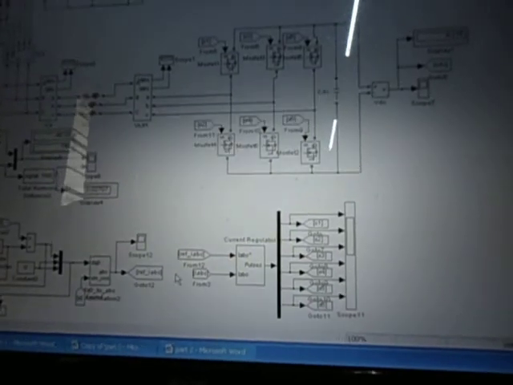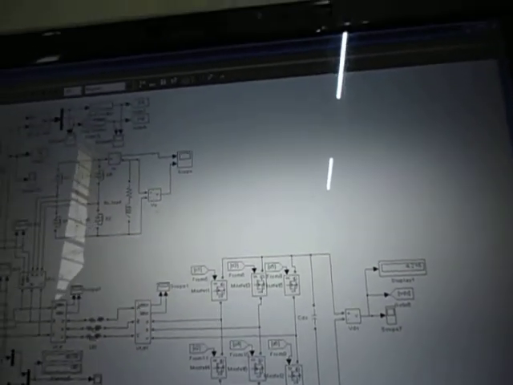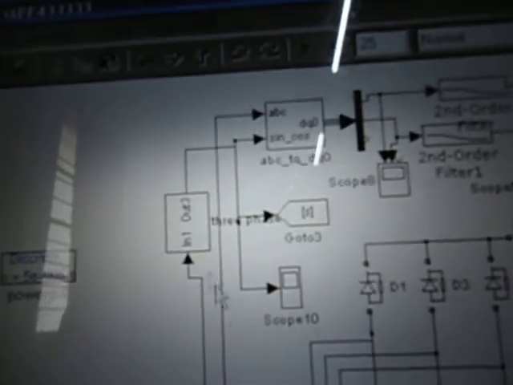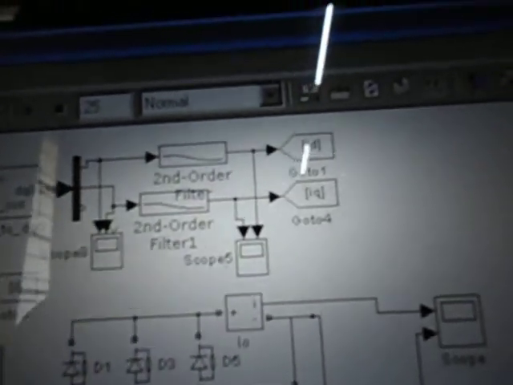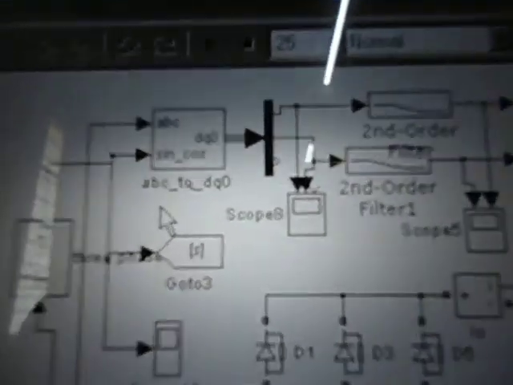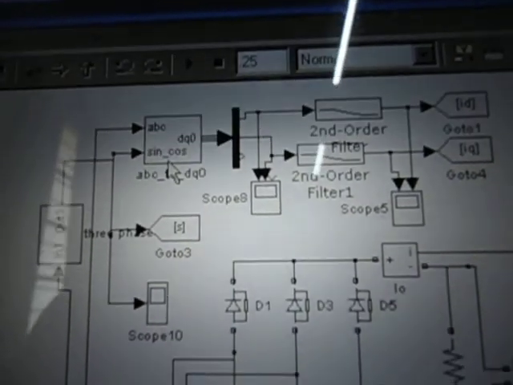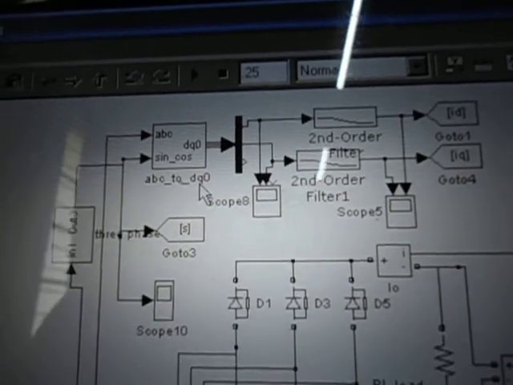For calculating the reference source current, firstly we have to consider a PLL circuit. This is the PLL circuit block, and the input of the PLL block is the source voltage, and the output of the PLL block is sine and cosine waveforms. These sine and cosine waveforms are fed to an ABC to DQ0 transformation block, and the second input for the ABC to DQ0 transformation block is the source current.